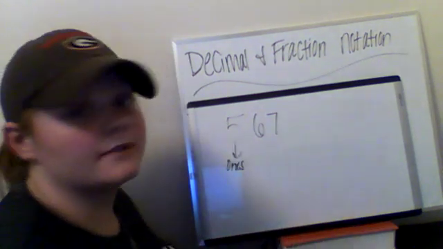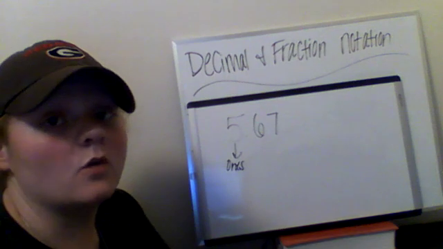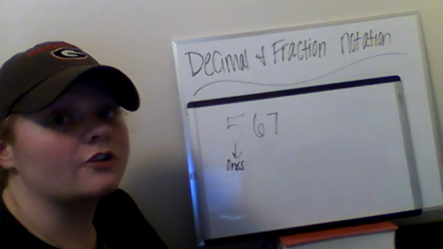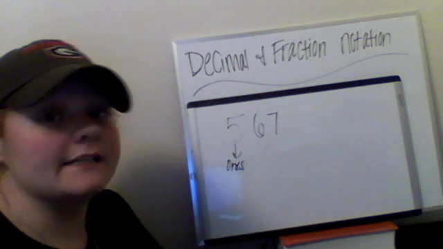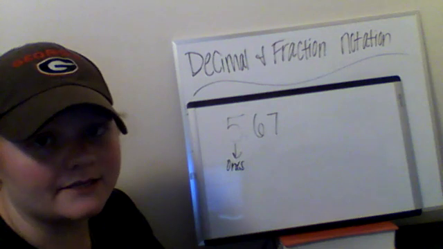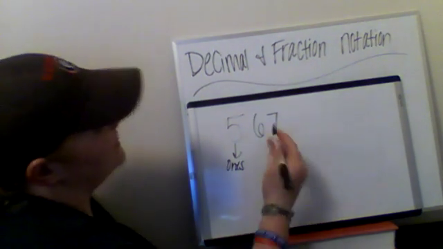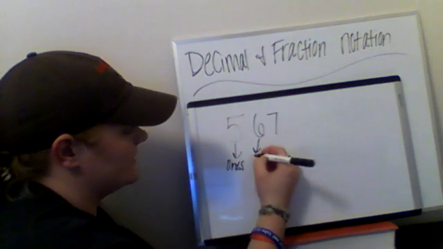Then when we move to the right of our decimal, that's when things change a little bit. And we all know that those place values are very similar to our whole number place values. The only difference is instead of starting with ones, we start in our tenths place value, okay? So our first decimal place value to the right of the decimal is our tenths.